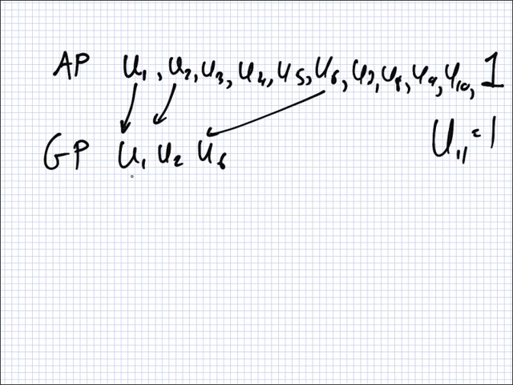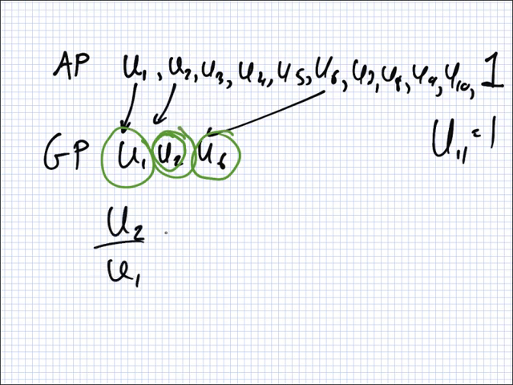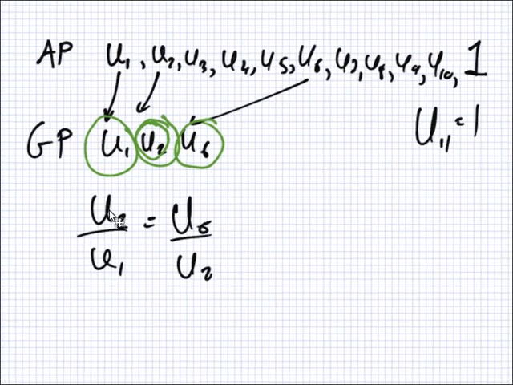These are geometric, so there is something you know about the relationship. If I take this one and divide it by this one, what should I get? Very good, a common ratio R. If I take this one and divide it by this one, what should I get? R. So you can say U2 over U1 equals U6 over U2. But remember, they're also arithmetic. So what does U2 equal?